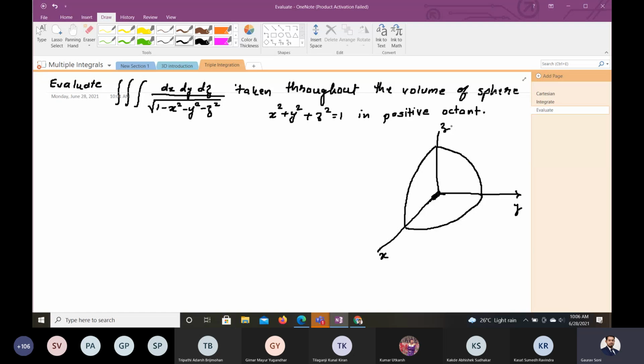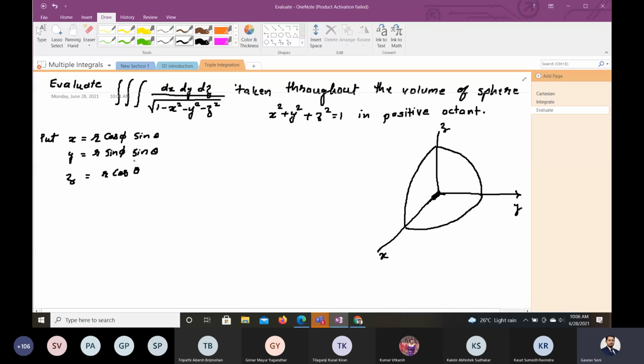In the spherical coordinate system, whenever you are going to see a sphere, you need to think of spherical coordinate system. We have already studied this. When we are dealing with spherical coordinate system, what we need to put is x is equal to r sin theta cos phi, y is equal to r sin theta sin phi, and then z is equal to r cos theta.